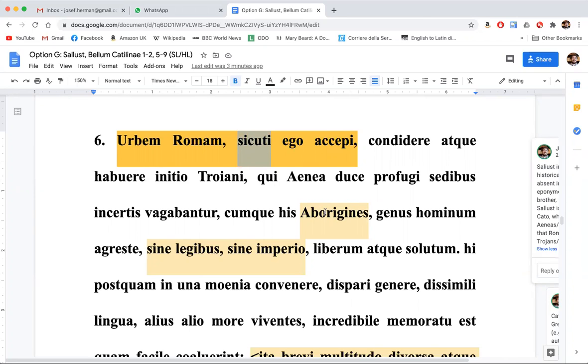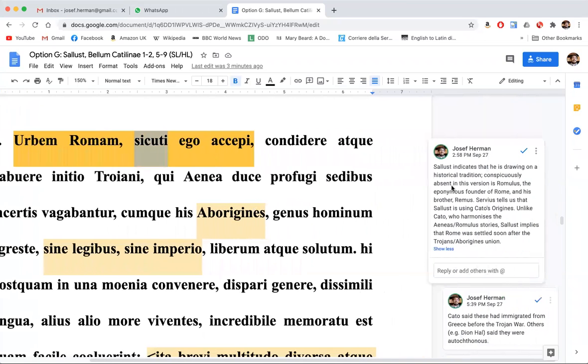And when Sallust says, as I have learned, he is indicating to us that he is drawing on or using the work of other earlier historians. He's drawing on a historical tradition.